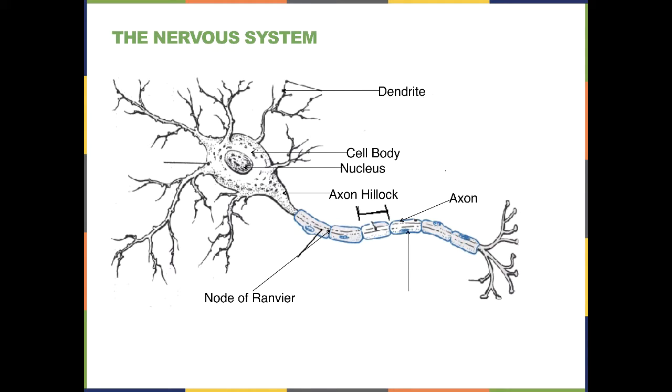And a node of Ranvier is between each of these sections, and these sections are sections of myelin called the myelin sheath. And we'll talk about all of these different parts and what they do in the next few slides. And then lastly, the end of the neuron on this side is called the presynaptic terminal.